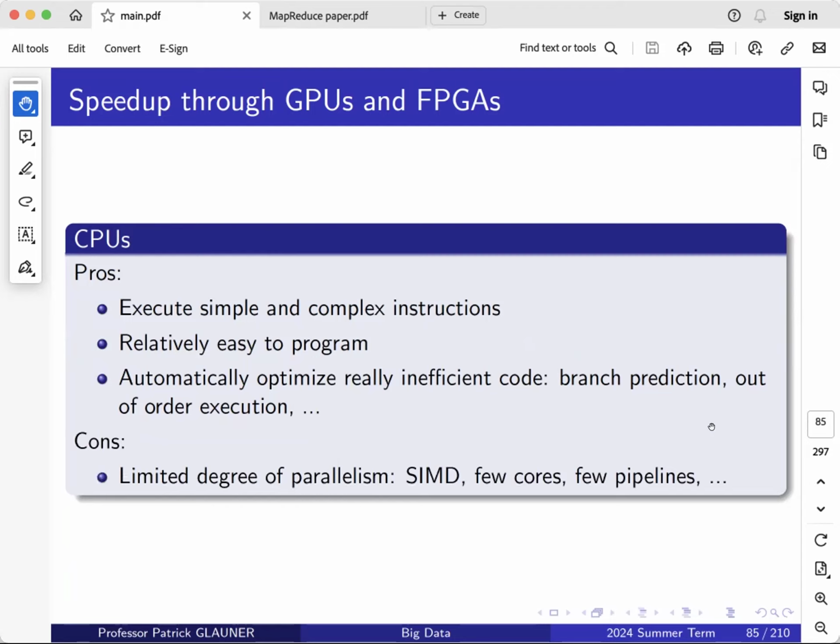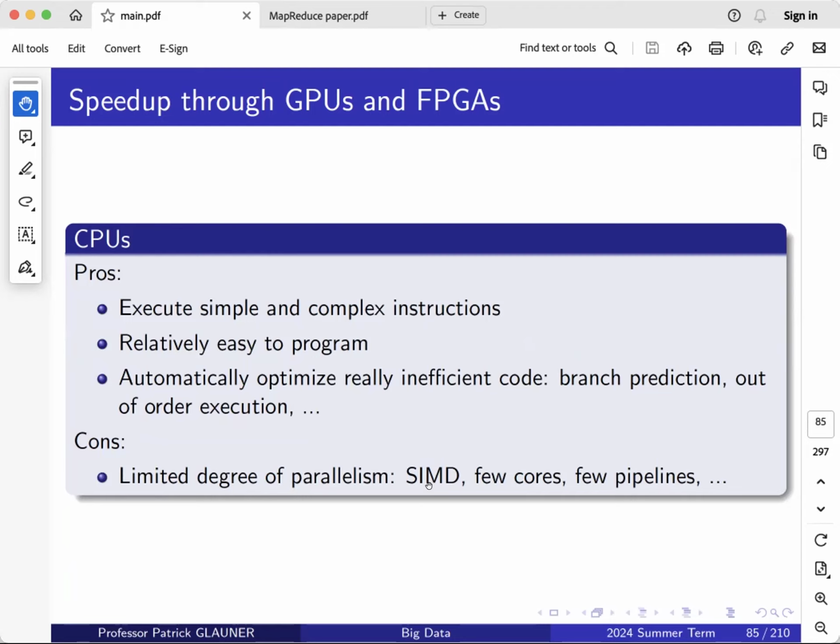But the problem with CPUs is you have a very limited degree of parallelism. Yes, you have a few cores. In each core, you may have a few pipelines. So you have some parallelization, plus you have other features at hand like SIMD. SIMD stands for single instruction, multiple data. So you can apply the same operation to multiple variables at the same time, let's say in one cycle, for example.